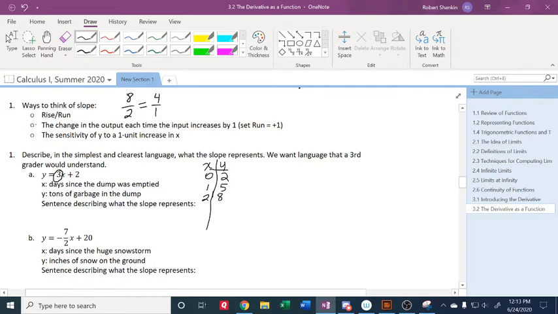So what you're using when you did that, you used this. The change in the output, so 3 tons of garbage, the tons of garbage increased by 3 every time the input increased by 1, every time 1 day went by.